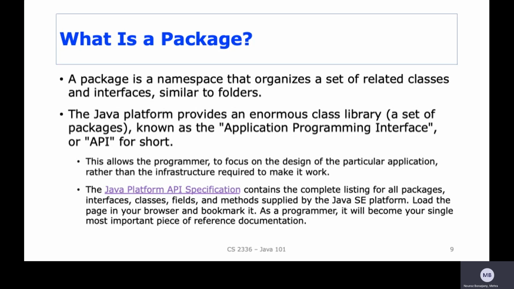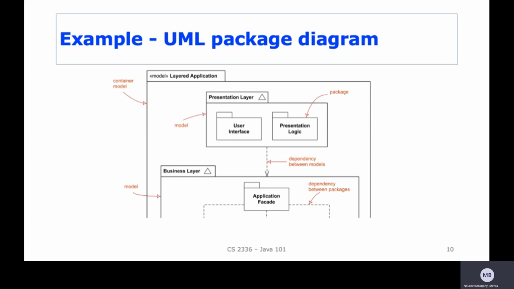Basically, they're like libraries that are already implemented for you to do different things without rewriting them again. These are reusable libraries that you don't have to implement again and again. You can just use the library or API provided by the Java platform and use it inside your design.